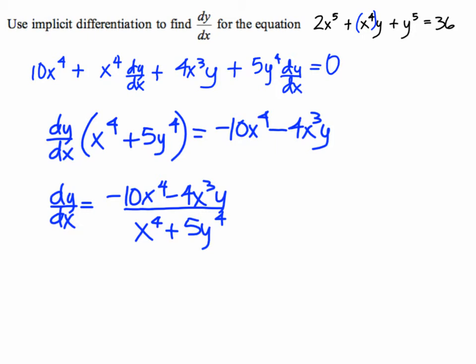Factoring out dy over dx becomes x to the power of 4 plus 5y to the power of 4 equaling negative 10x to the fourth minus 4x cubed y, because I brought those two terms to the right-hand side of the equal sign. Divide, so I get dy over dx all by itself, and then I have my solution.